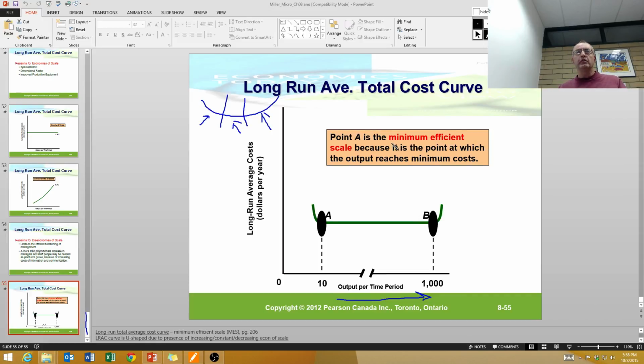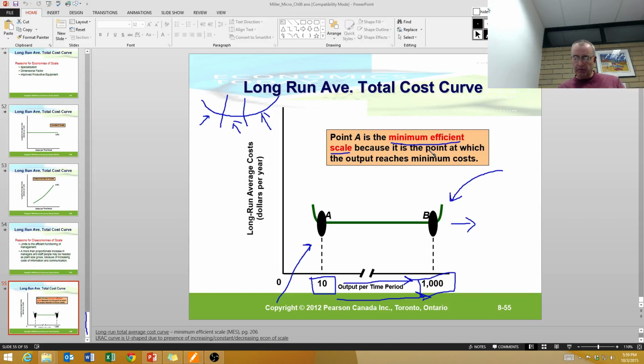And so we have this concept of the minimum efficient scale, which is the level of output where the constant economies of scale begin. So if this was our long-run average cost curve, and we had a choice between building a plant that had a capacity of 1,000 units per year versus only 10 units per year, we would pick the one at only 10 units per year, because we know that if we increased our plant size even further, our average total costs are not going to decline.